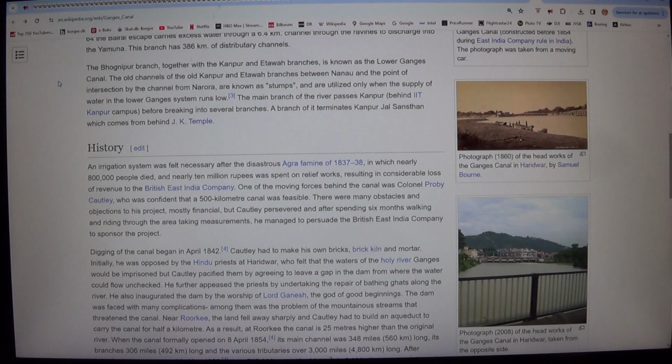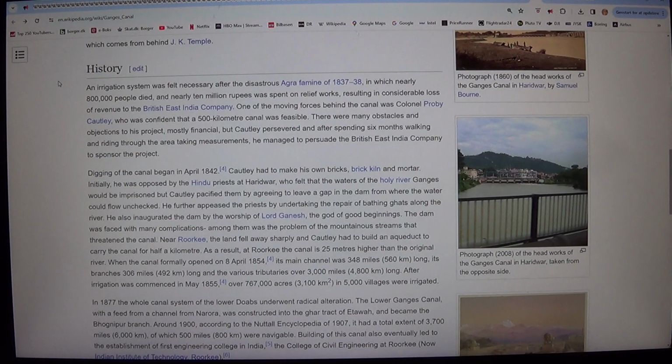History, edit. An irrigation system was felt necessary after the disastrous Agra famine of 1837-38, in which nearly 800,000 people died, and nearly 10 million rupees was spent on relief works, resulting in considerable loss of revenue to the British East India Company.